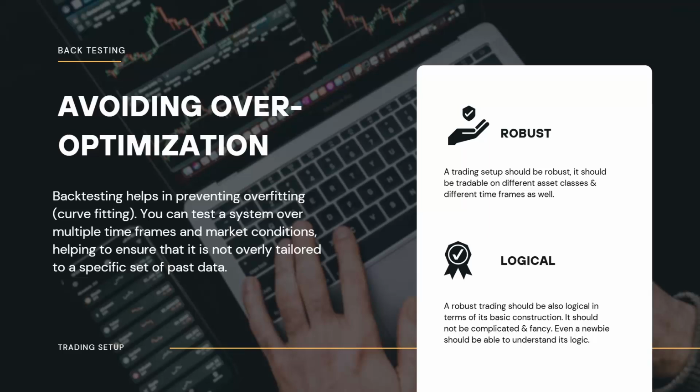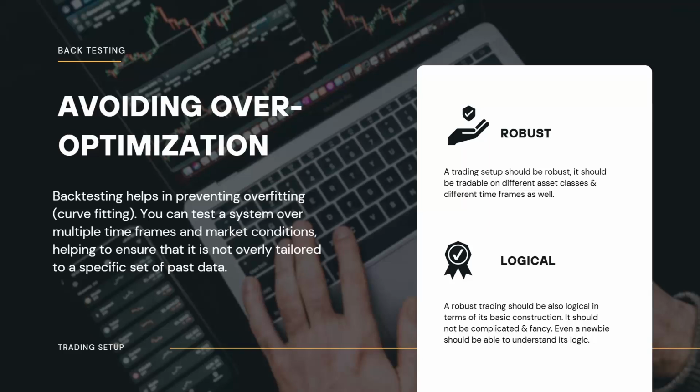So again, now backtesting is a very good thing to do, but what is over optimization? Over optimization is like, say for example, if you have backtested a particular trading setup on 2023-24. Now both these years were bull rallies.